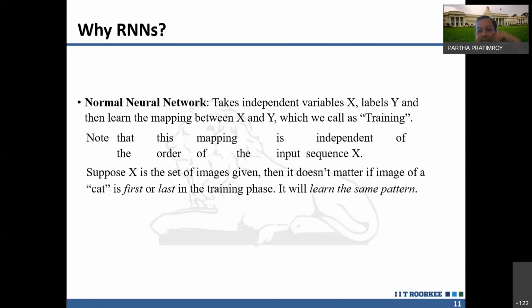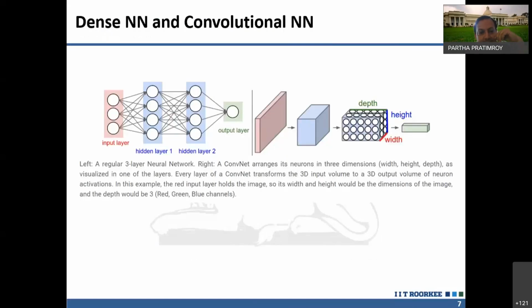Okay, so for example, in this image example, consider the input sequence x1, x2 and x3.